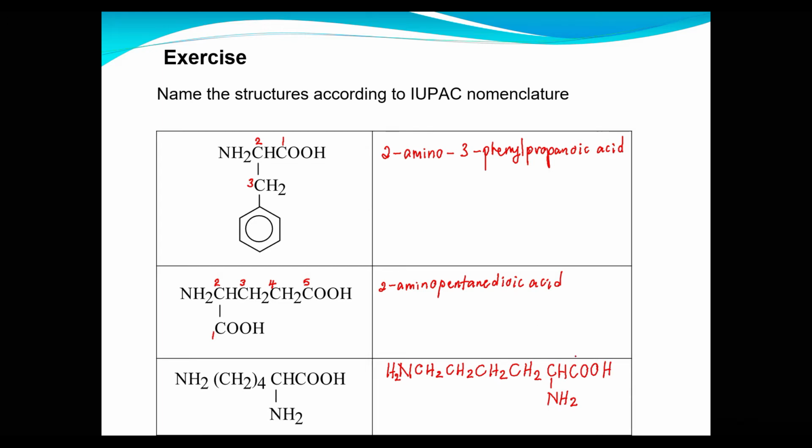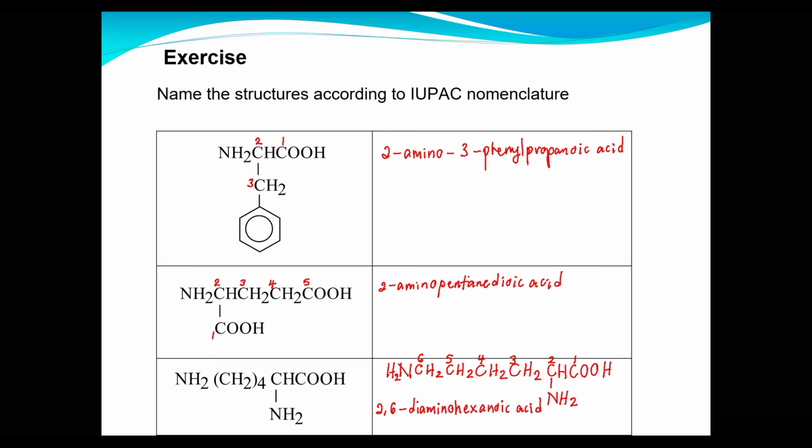So I have carbon number 1 over here, 2, 3, 4, 5, 6. So this structure will be named as 2,6-diaminohexanoic acid. I hope you understand the naming of amino acids.